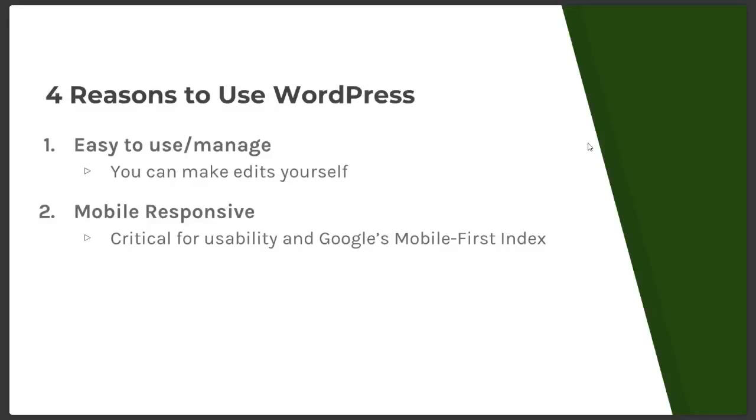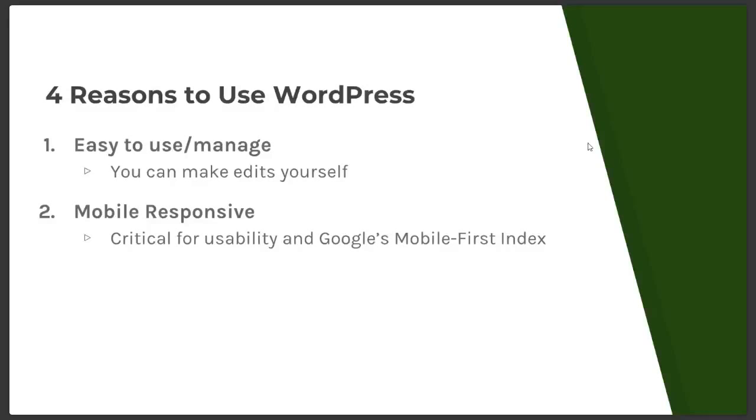Didn't take too long. More people go to Google and do searches on a mobile device than they do on a computer. And because of that, you may have heard the rumors that Google is currently switching their index to what's called a mobile first index. And that means Google's going to look at the mobile version of your website and make decisions about how you're going to rank.